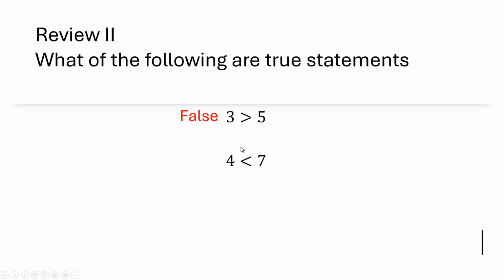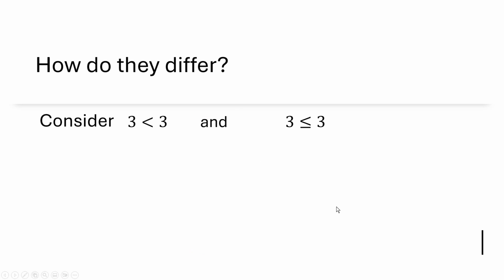Well, you can say that's true, because it is. 3 is less than or equal to 3. Notice I said or equal to. That part's true, so we're going to say true for that and see why in a minute. And then we have 2 is greater than or equal to 3, which again is false. All right, let us continue.